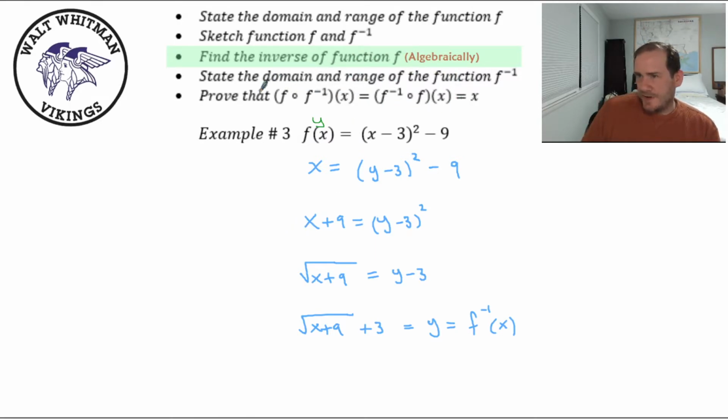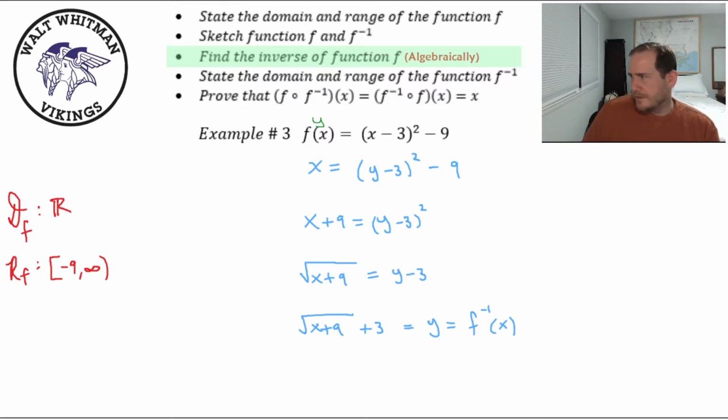We found it algebraically. Now it says state the domain and range of the function f inverse. Now, if you recall, what was the domain of the original function? Well, the original function was a quadratic, so it was all reals. What was the range of the original function? It was a parabola that had its vertex down at -9, and from there it opened up, so the range was -9 to infinity.